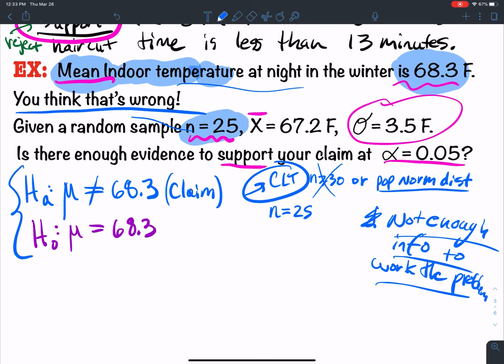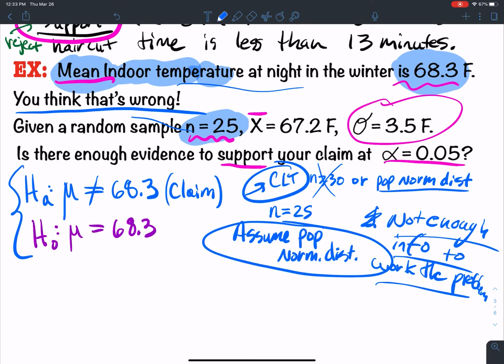Well, guess what, guys? That's in this scenario, but let's assume we do have a population that's normally distributed. That way we can work through the problem. I just wanted to show you what it would be like if you ran into the scenario where neither one worked. So assume that you do have a normally distributed population, then you're good to go with the CLT.